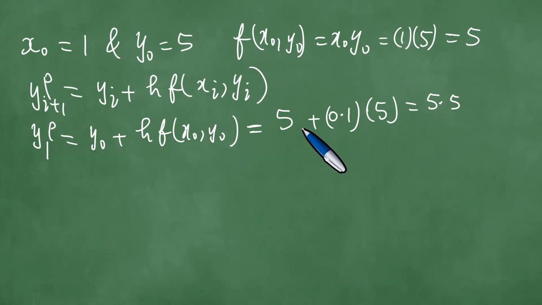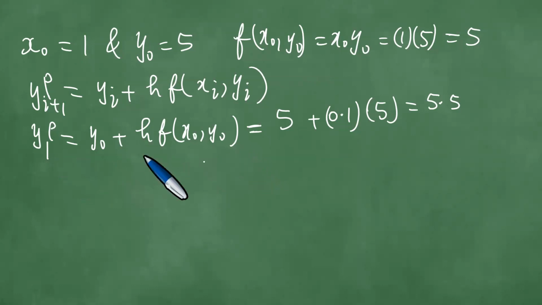Okay, I want you to pay particular attention to this because it's very, very important. It is evaluating the function at x0, y0. Now, we're done with the predictor.